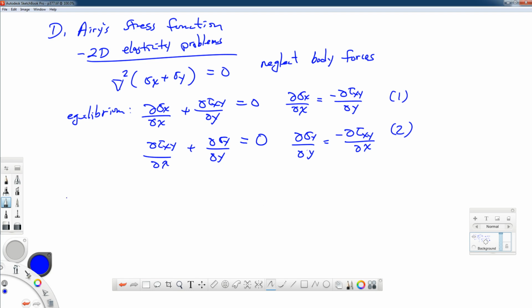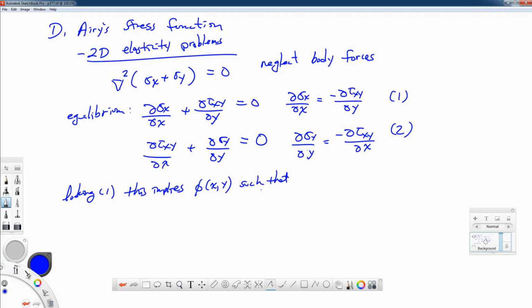Now, just looking at 1, this connection between sigma x and tau xy implies there's a connection, a potential function. And I'm going to call that potential function phi. It's a potential function of x and y. Remember, we're in 2 dimensions.